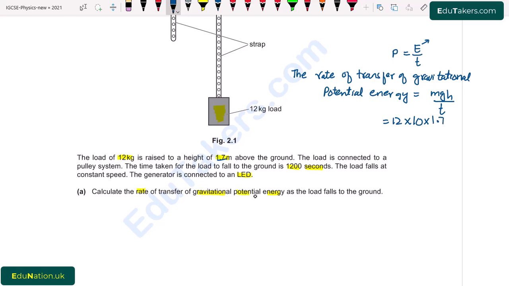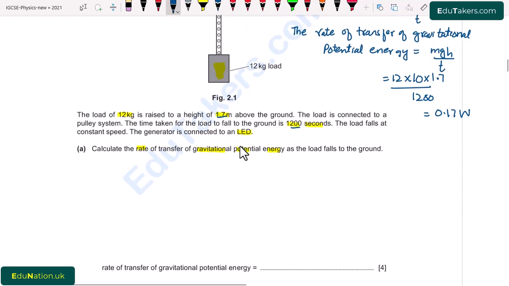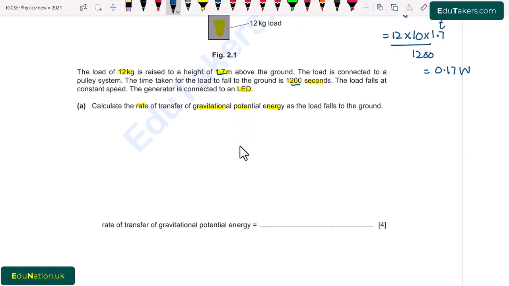So height is 1.7 and time is given, 1200 seconds. So it comes to be 0.17 watt. Because it's a power, its unit is watt or joule per second. So I simply write here the rate of transfer of gravitational potential energy is 0.17 watt.